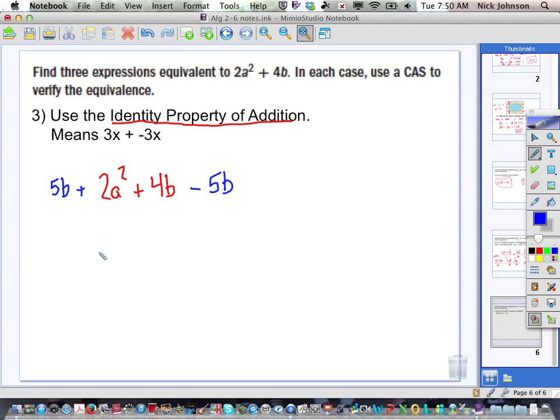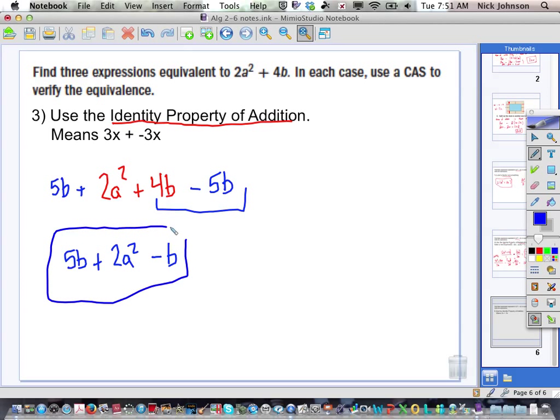I'm going to leave some things the same. So 5b plus 2a squared, and I'm just going to combine these two because these are like terms. 4b minus 5b is a negative b, right? This is another expression that says the same thing as 2a squared plus 4b.